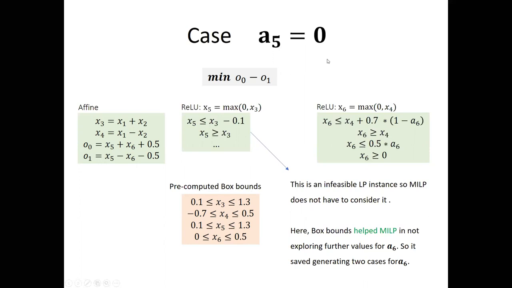If we consider the case that A5 is 0, then after simplification we end up with the following situation: X3 is greater than X5 plus 0.1, if you put the 0.1 on the other side, and X3 is also less than or equal to 5. And what you can see here is that this is an infeasible instance.